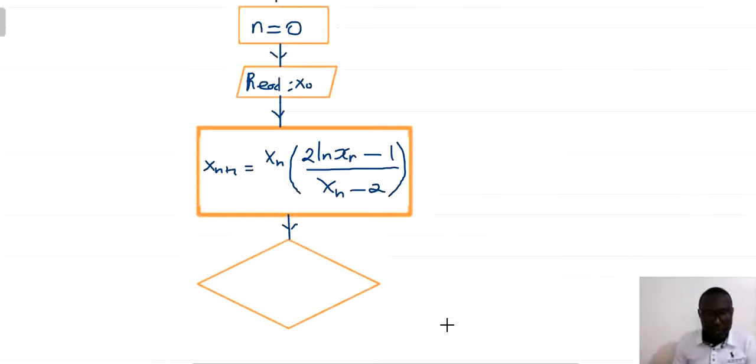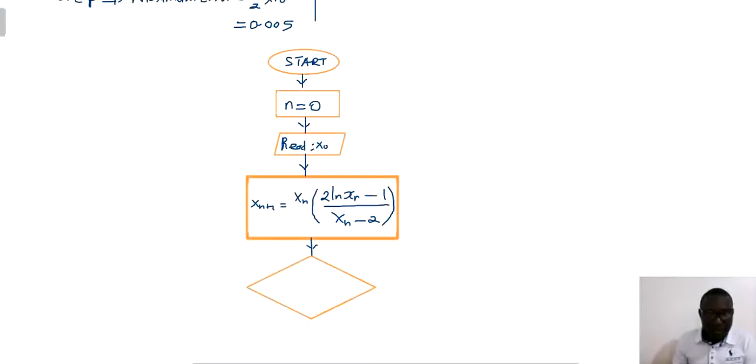So our decision box is right there, and we are to use this decision box to decide whether we should continue or we stop. All right, so in the decision box, this is where we have the control statement, the error, which is xn plus 1 minus xn less than or equal to.